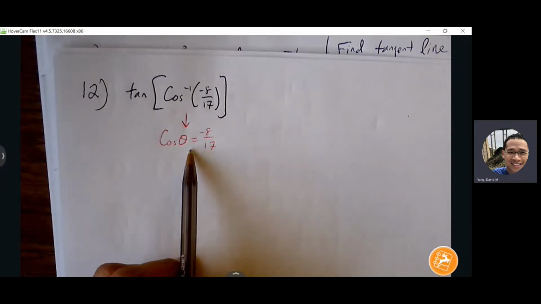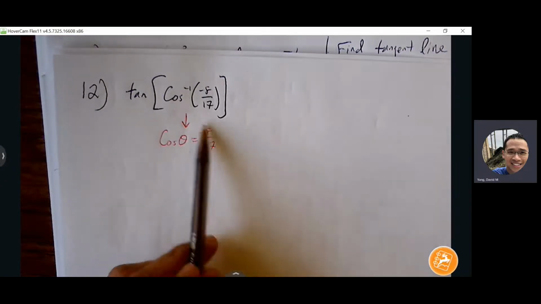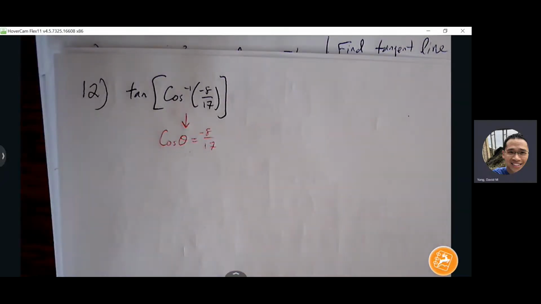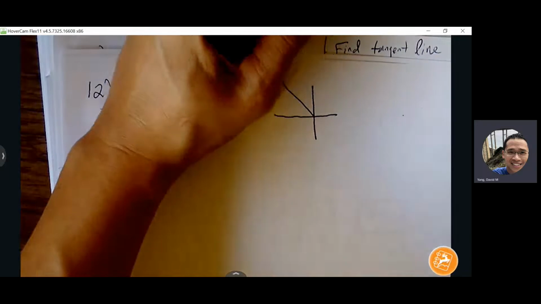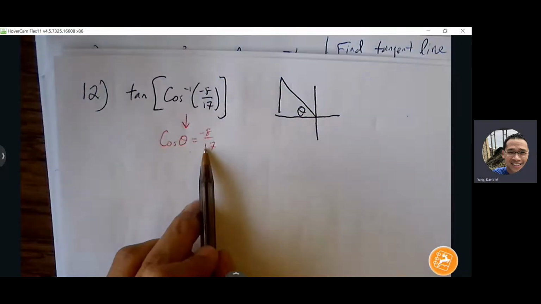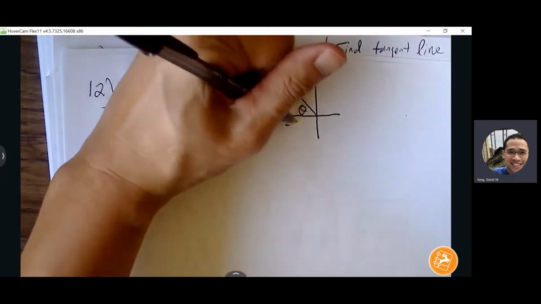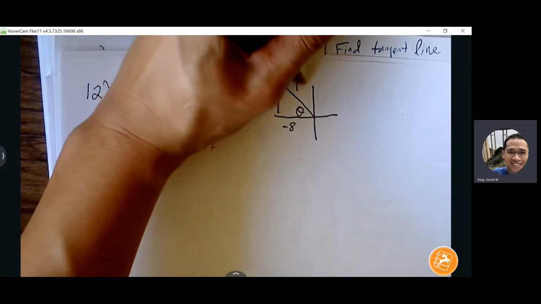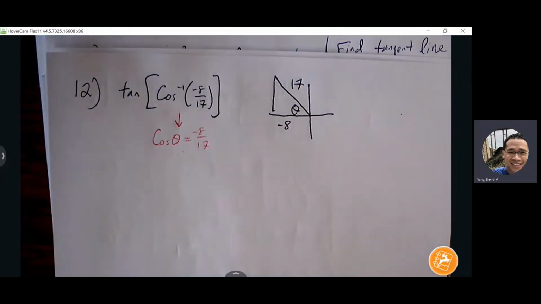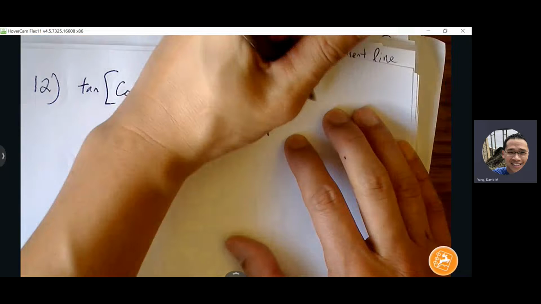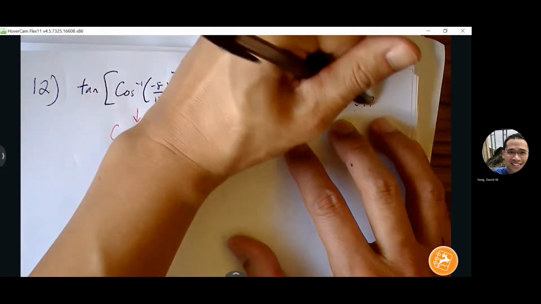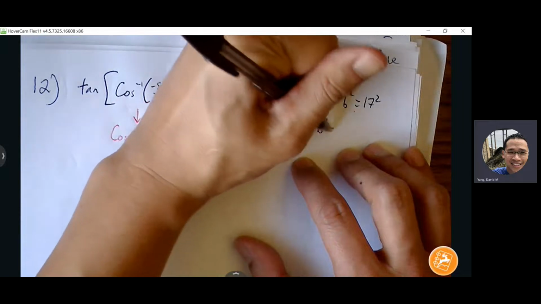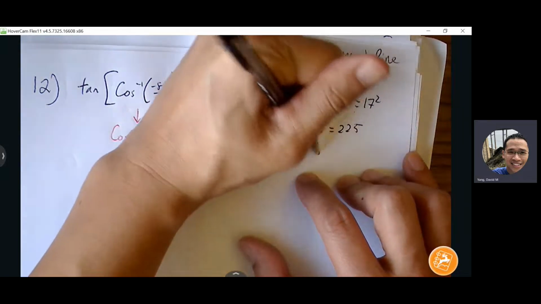Cosine of theta equals -8/17. Good. Cosine is first and second quadrant. -8, that's adjacent. 17. All right, Pythagorean theorem. Work that out. It's going to be 225. B is 15.